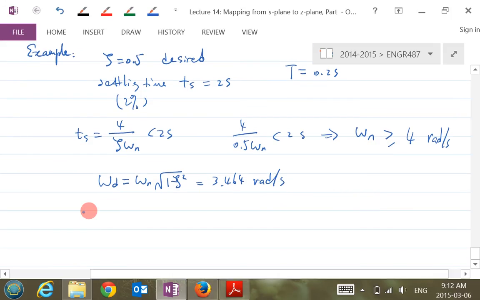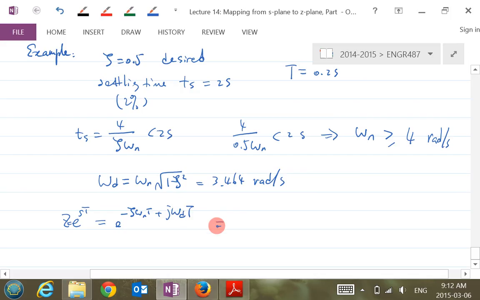So now I have a pretty good idea. I can do the mapping. I use this mapping here, and we'll see what the discrete pole is, given the sampling time and after the mapping. Here's the formula.